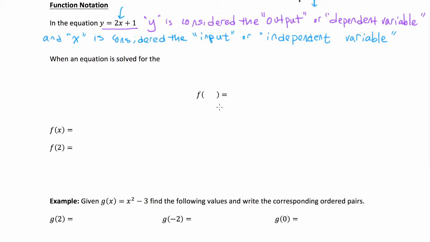When an equation is solved for the output and the equation describes a function, so I mean the equation passes the vertical line test, then we can use something called function notation.